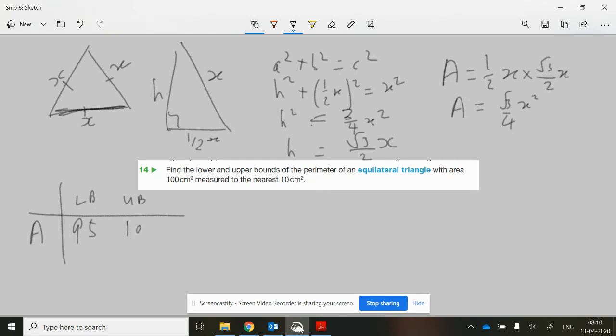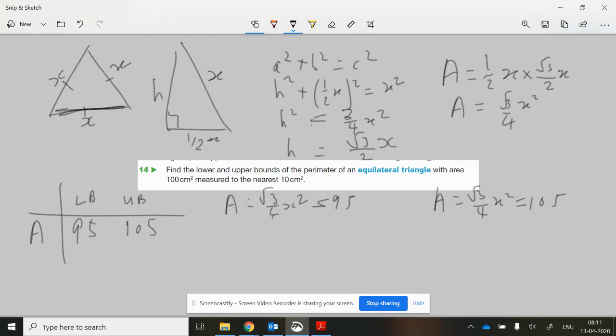And upper bound is going to be 105. Okay, so we're going to now set A. So we've got A equals root 3 over 4 x squared. And that's equal to 95, or A is equal to the square root of 3 over 4 x squared equals 105.